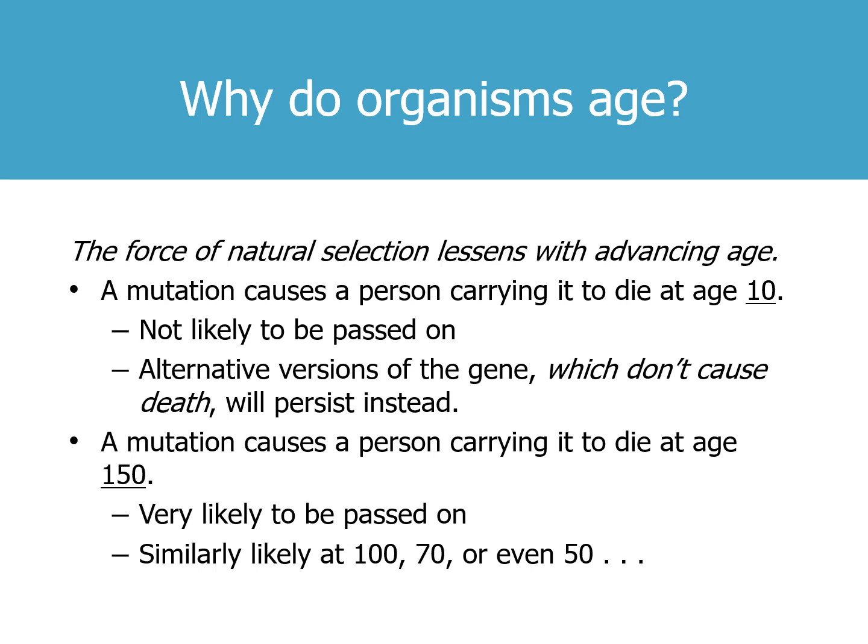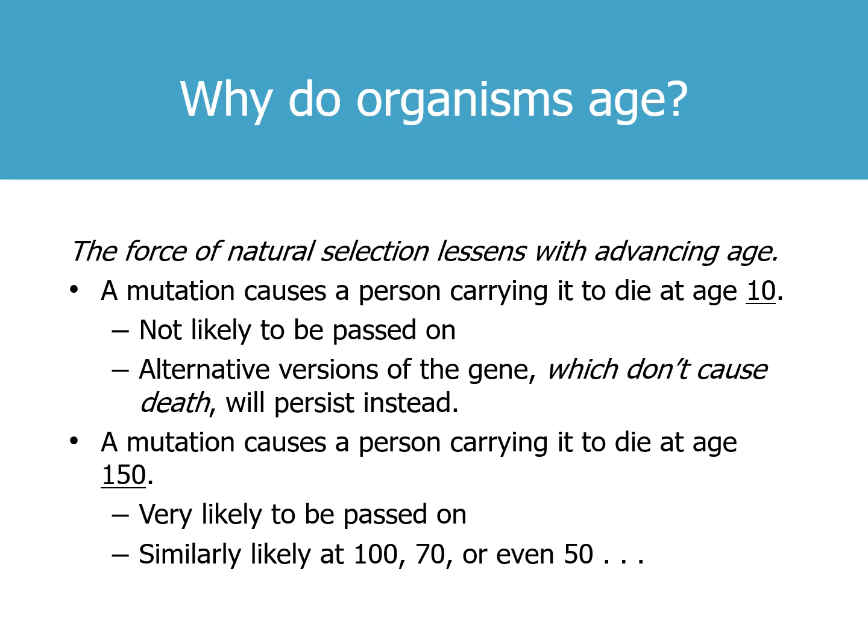Now, in a different scenario, a mutation causes a human person carrying it to die at the age of 150. This mutation would be very likely to be passed on because they have well passed the age of maturity to have offspring, to have reproduced and passed on that mutation that causes their offspring to die at the age of 150.